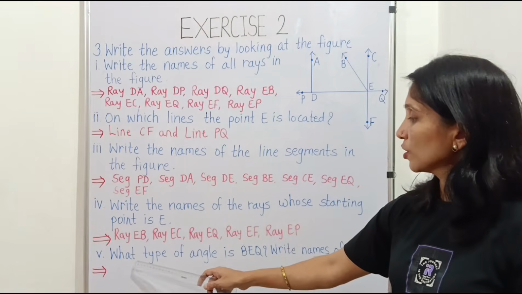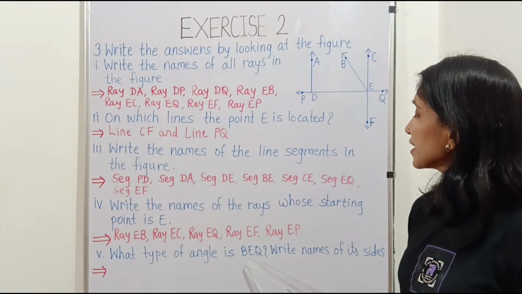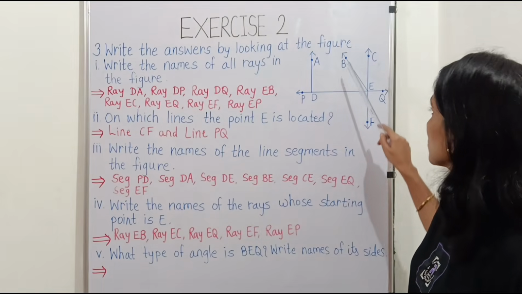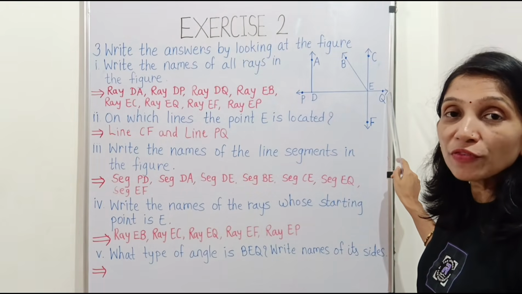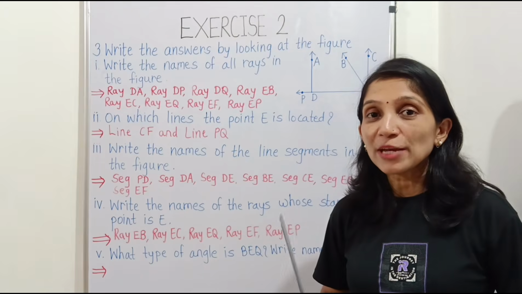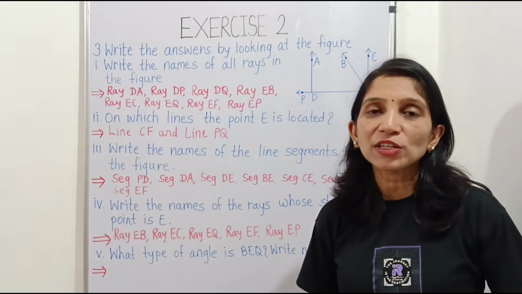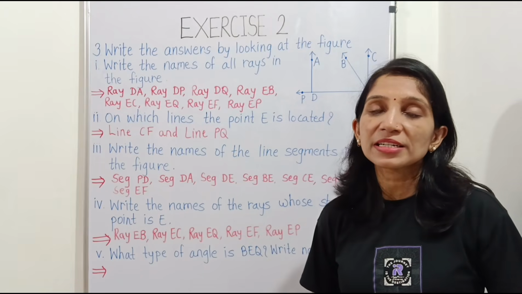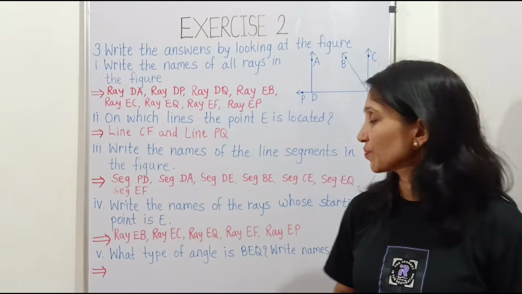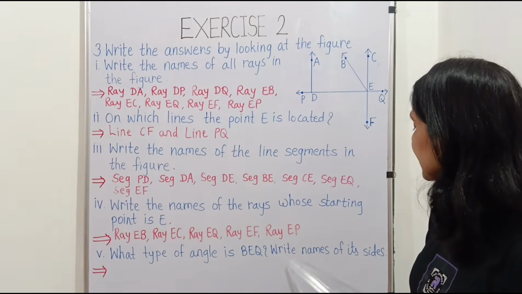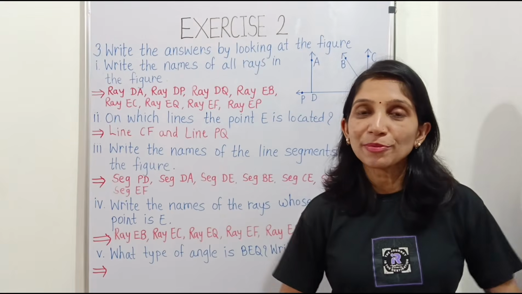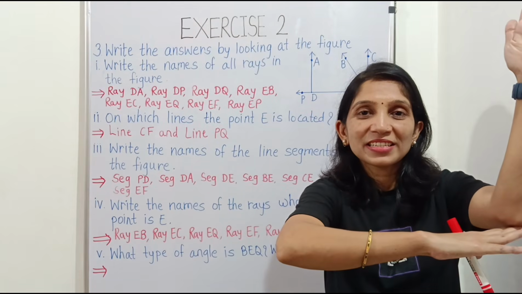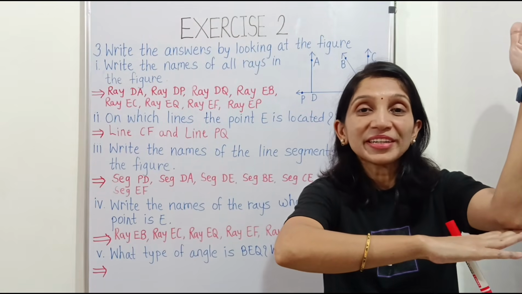Next, what type of angle is BEQ? See this one, BEQ. We'll have to find the type of angle. Type of angle means whether it is acute, right, obtuse, straight. And write names of its sides. First see here, see the shape like this. A wide gap between two arms.